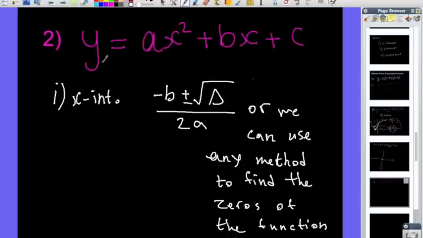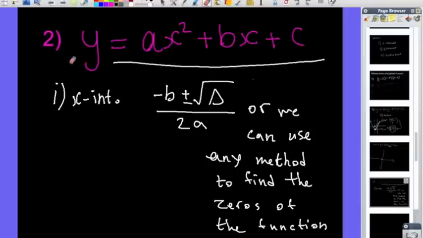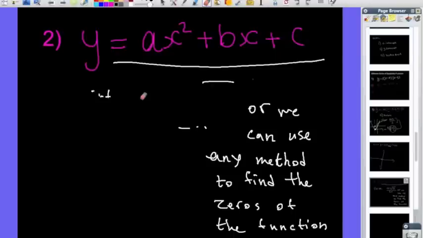Since this is the quadratic formula, you can just do the normal thing and use the quadratic formula to find the x-intercepts.